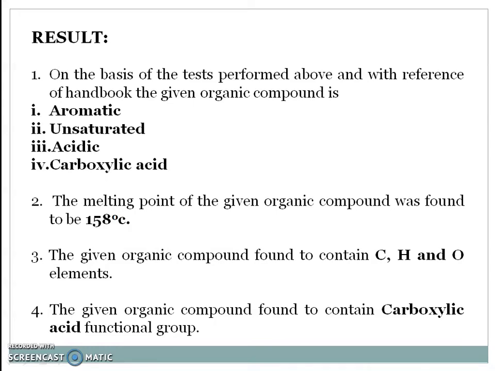After performing the practical, let's move towards the result. On the basis of the tests performed above, with reference to the handbook, the given organic compound is aromatic in nature, unsaturated, acidic, and a carboxylic acid group may be present in the compound. The melting point of the given organic compound was found to be 158 degrees Celsius. The given organic compound was found to contain carbon, hydrogen, and oxygen elements and carboxylic acid as a functional group.